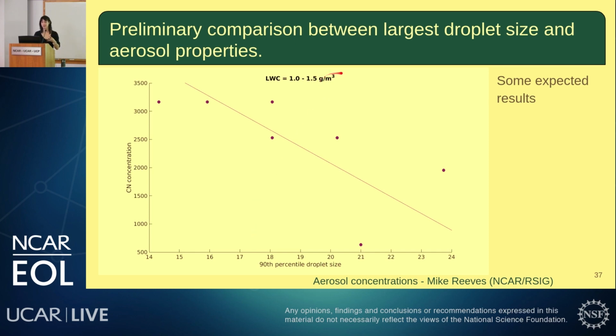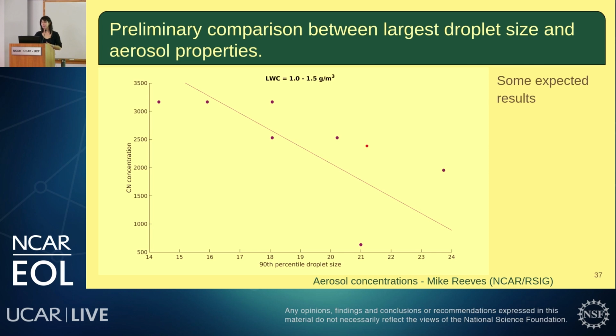And just a reminder that they're grouped into cloud passes with the same liquid water content. So there were some results that we might have expected. Here we see that lower CN concentrations correspond to larger droplets in the cloud passes, which is what I expected.